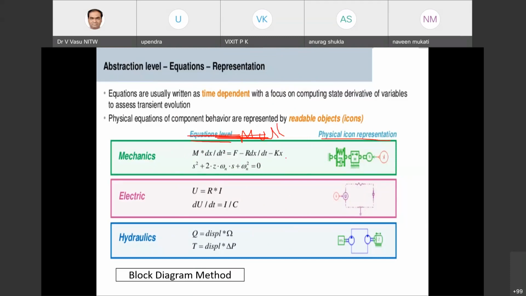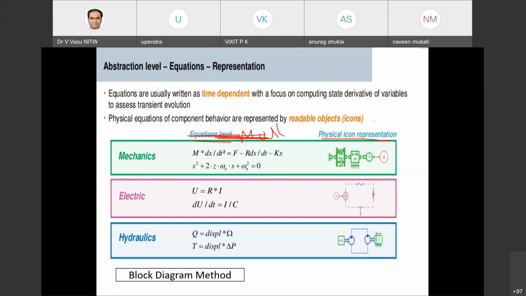The physical representation or iconic model is mainly considered when the length of the components also comes into it, whereas in the mathematical model, the different length components cannot be incorporated.